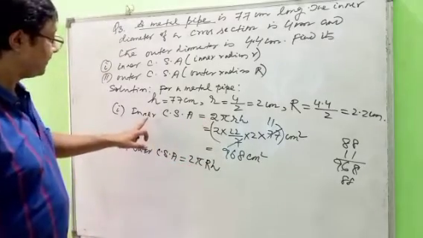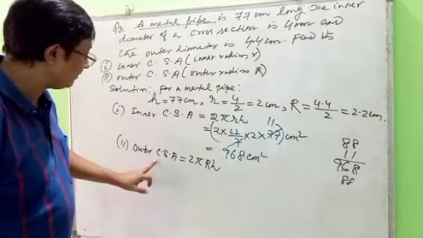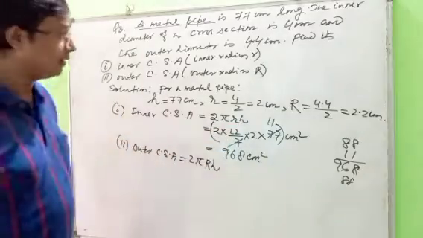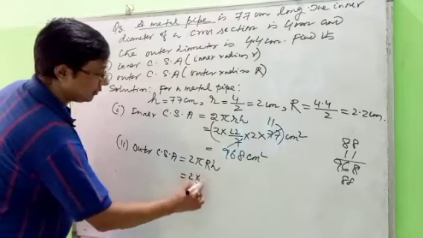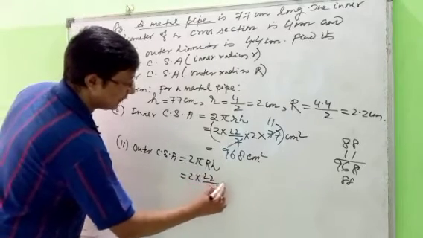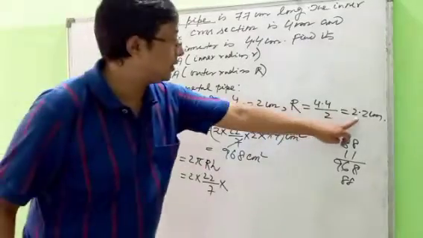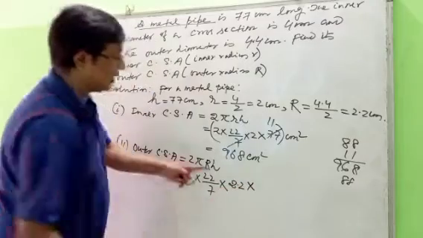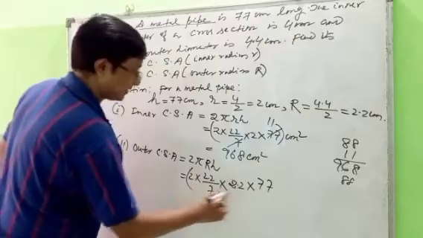So for the inner radius is the small r and for the outer radius is capital R. But the height is the same because there will be only a single height. So now equals to 2 into 22 by 7 into radius. So here capital R. So that is given 2.2. So 2.2 into h. h is given 77 centimeters square.